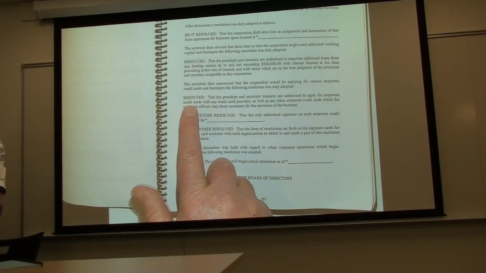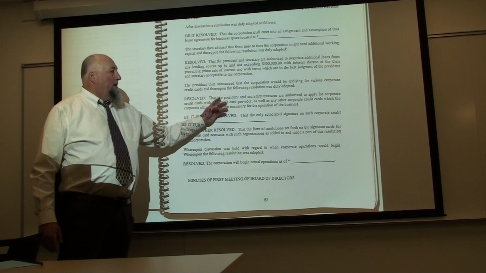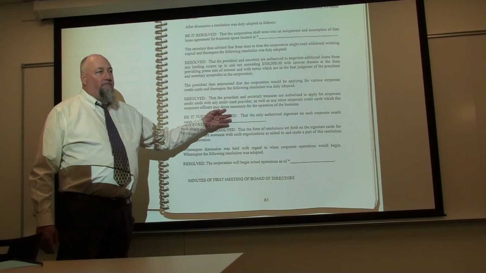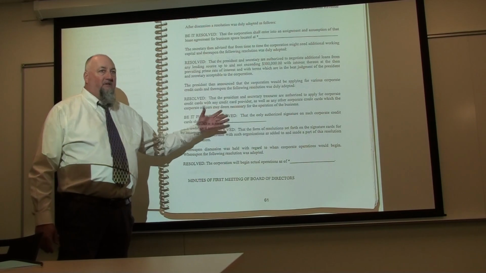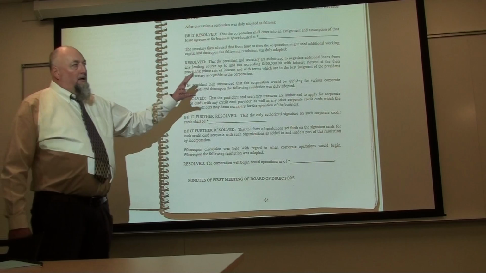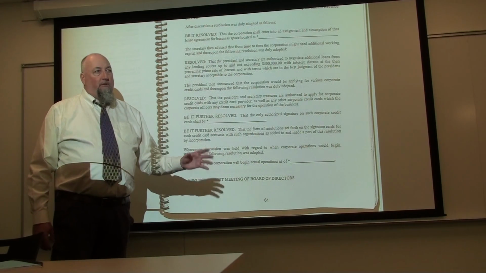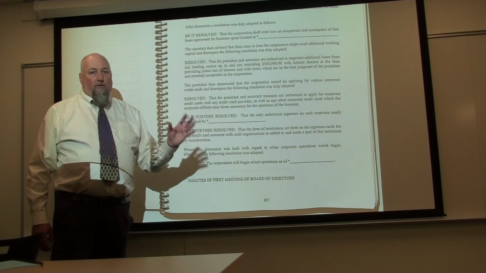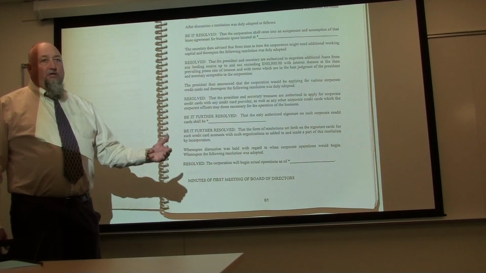This next one's a common one. This authorizes the president and the secretary treasurer to get a corporate credit card. And again, your credit card company is going to want to have a copy of this resolution in their file. And the reason why, if action is taken by a corporation that's not part of a corporate resolution and approval from the board of directors, then that action can be overturned.